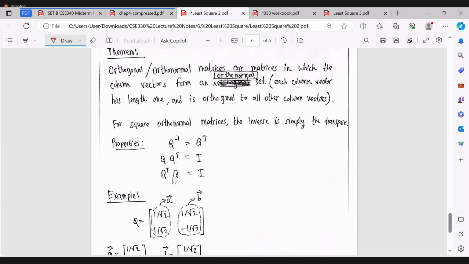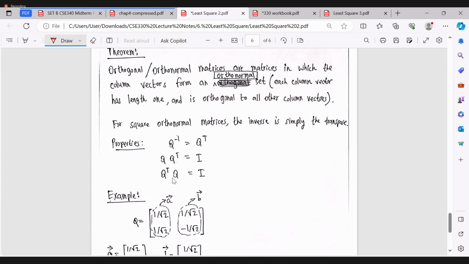That means, suppose there is a matrix, and there will be column vectors. You will treat those column vectors as separate vectors. Each of those column vectors will be perpendicular to the other, and the length of the column vectors will be 1.